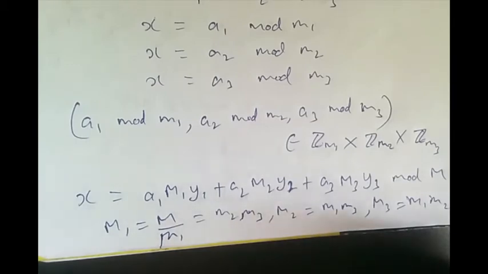And y1, y2, y3 are the multiplicative inverses. So let me turn the page and continue the argument.